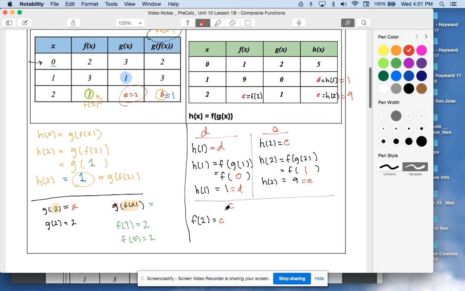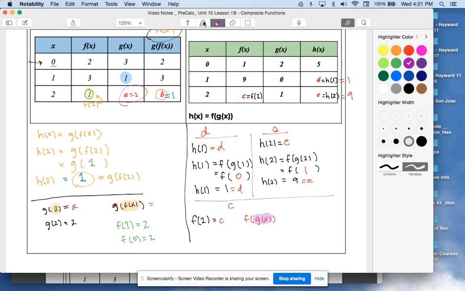So to figure that out, we can use this composition function to help us. Given this situation here, we know that what's going to be inside the parentheses here has to be 2, because it's f of something. So the something that we're looking for is 2.